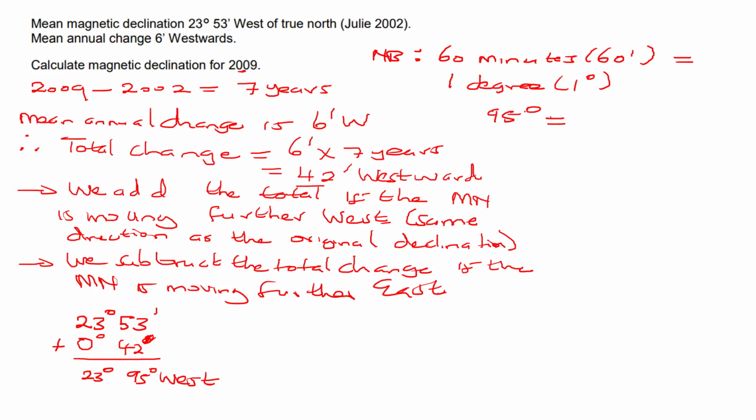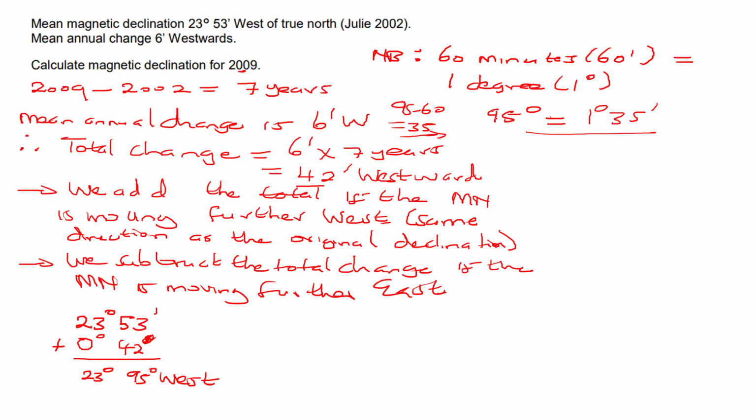So for the first 60 minutes, it's equal to 1 degree, and we are left with 35 minutes. So 95 minutes can be rewritten as 1 degree 35 minutes.